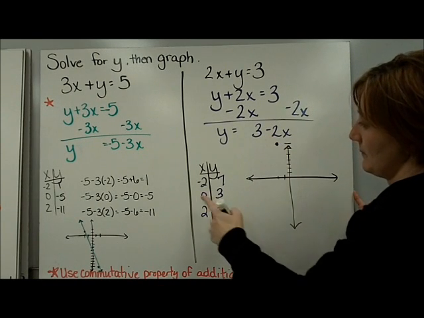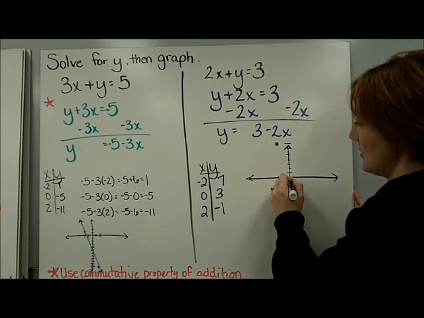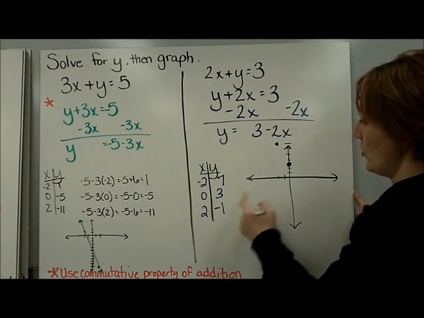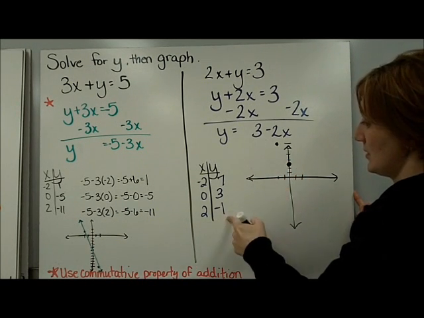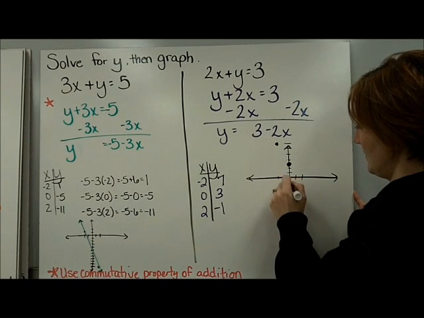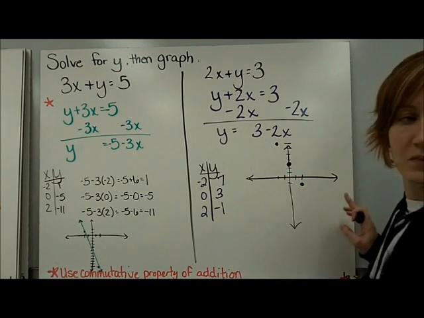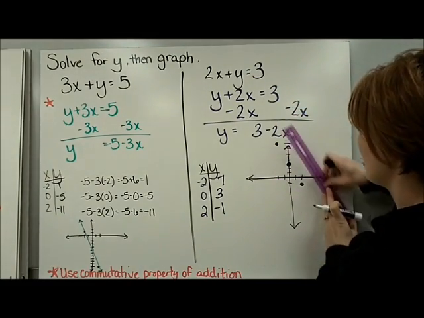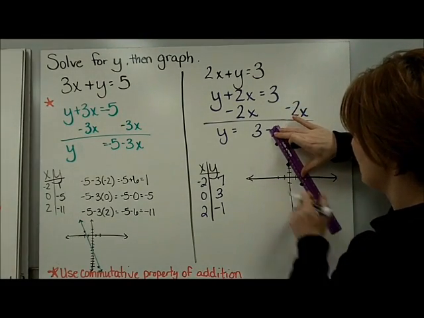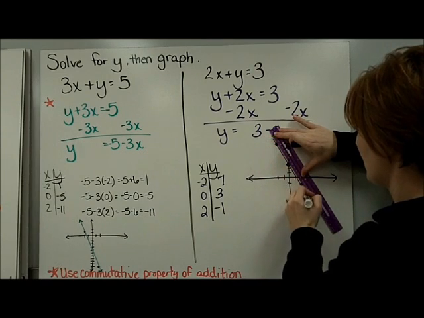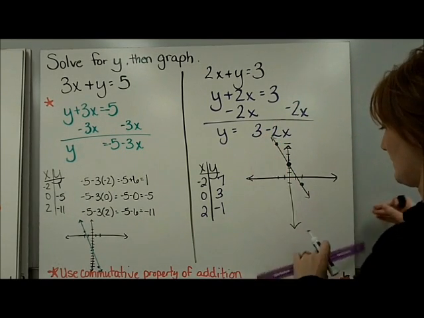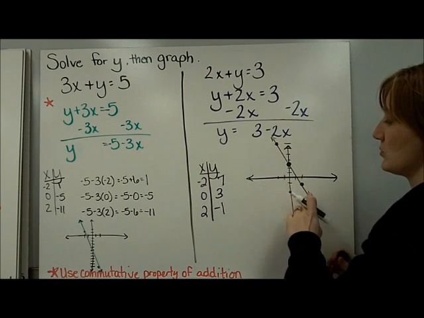It's going to be right about here. Over 0, up 3. Over 2, down 1. Using my straight edge, oops, I'll connect them. And my function will look like this.